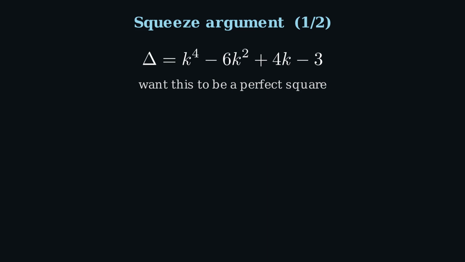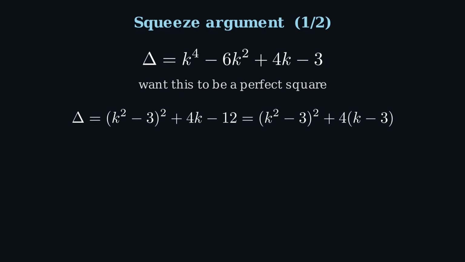First, I won't go through the details. It's quite easy to figure out that this is equal to k squared minus 3 squared plus 4k minus 12.